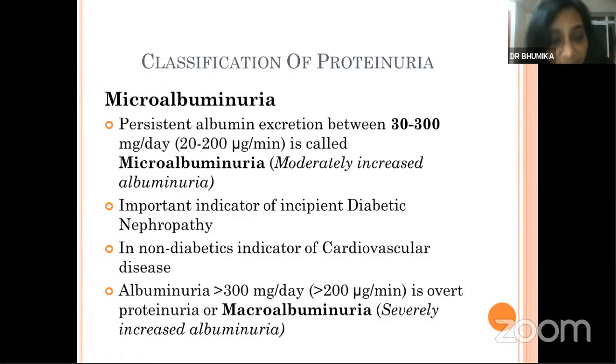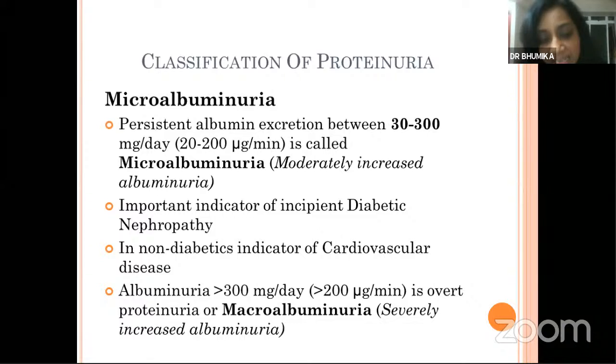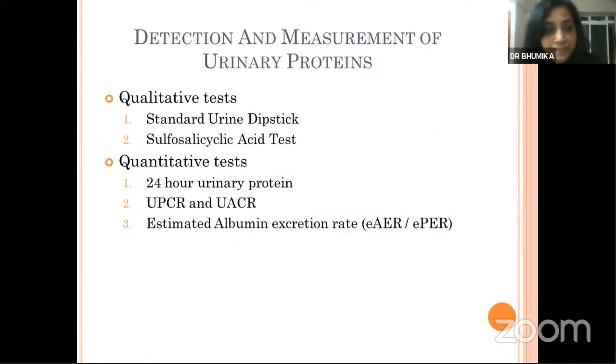It is a very important indicator of incipient, or what I would say early stages of, diabetic nephropathy. However, if the patient is not diabetic, it is a very silent and dangerous indicator of cardiovascular disease. Albuminuria more than 300 milligrams per day is overt proteinuria or macroalbuminuria. Again, KDIGO defines it as severely increased albuminuria.